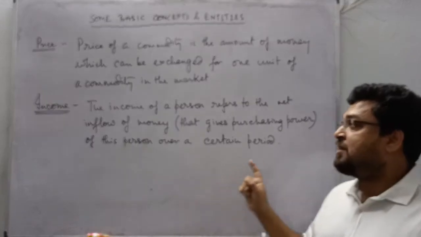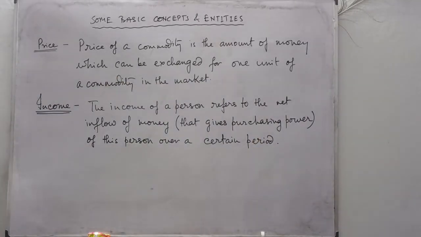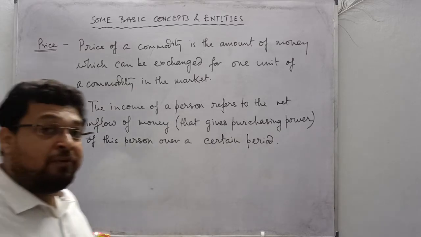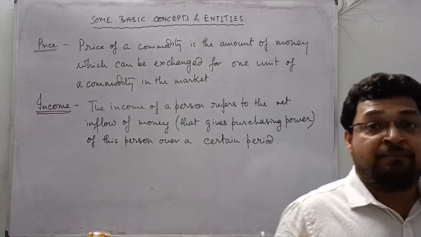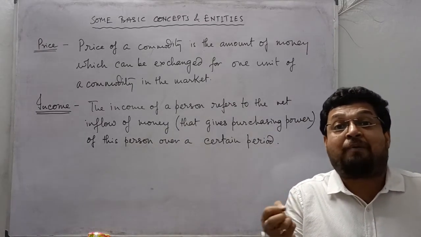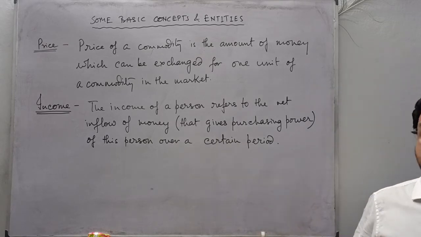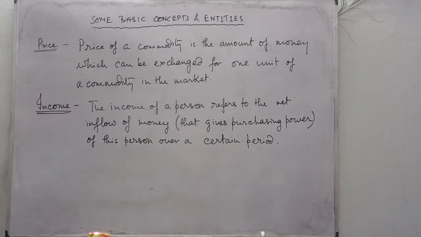So when we are talking about income, we are talking about the inflow of money, and this inflow of money gives the purchasing power, the power to buy something, the purchasing power of the consumer. So that's income.